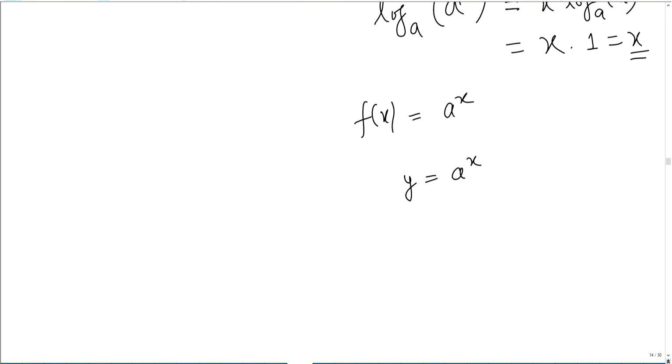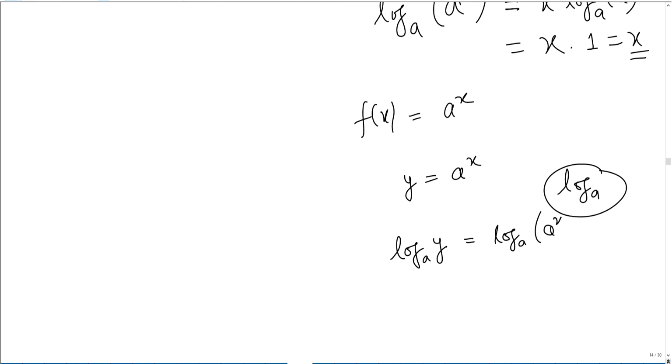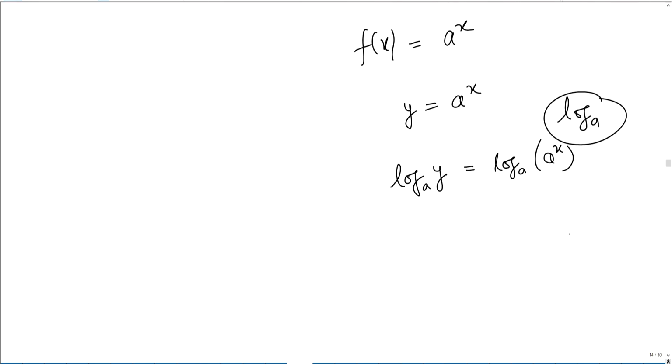How do we do this? What if I apply the function log base a on both sides? So, I take log base a of y and log base a of a to the power x. Now, from one of the rules of logarithms that I discussed, what would be log base a of a to the power x? It would remain x, and on this side you will get log base a of y.